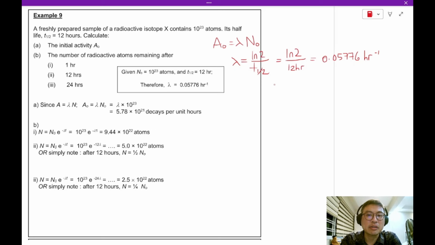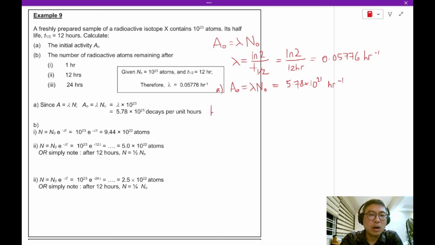This means that there is a 5.7 or 5.8% chance that the nuclei will decay within 1 hour. Once you have lambda, we can get A0 equals lambda times N0. After multiplying it together, you get 5.78 times 10 to the power of 21 decays per hour. That means this many nuclei are going to decay every hour.